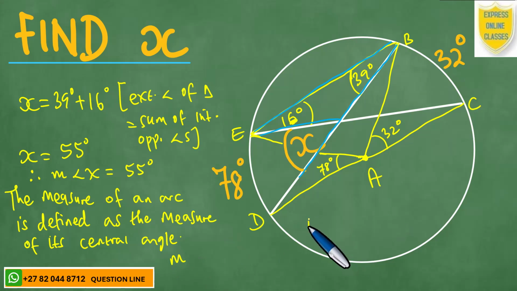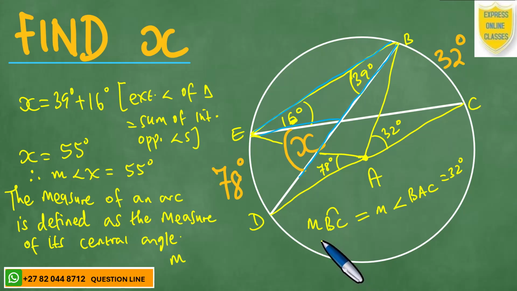We can write inside the circle that the measure of the arc BC is equal to the measure of the central angle BAC, in this case 32 degrees. Of course, this is by definition.